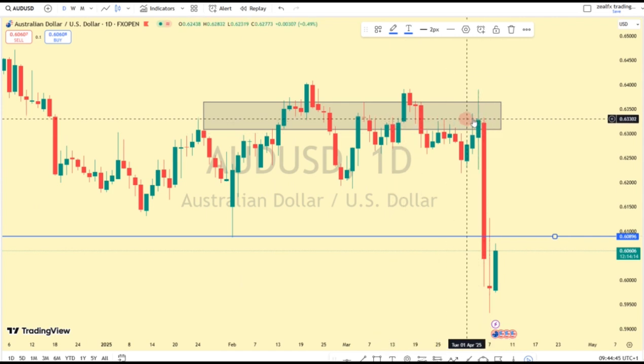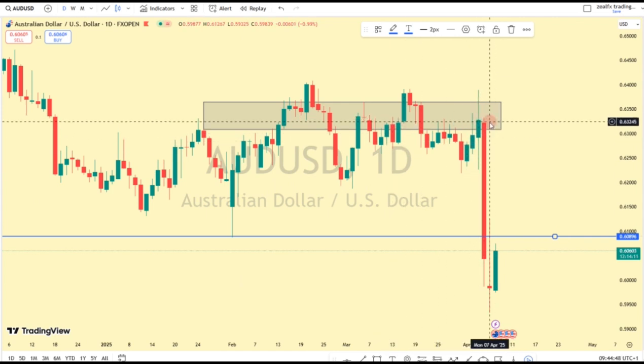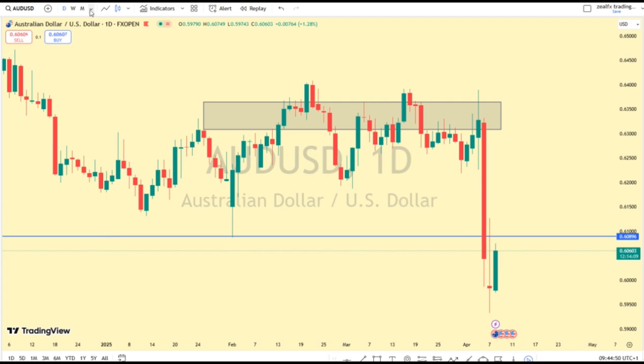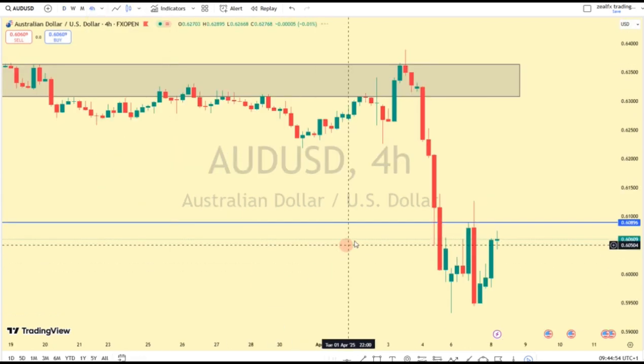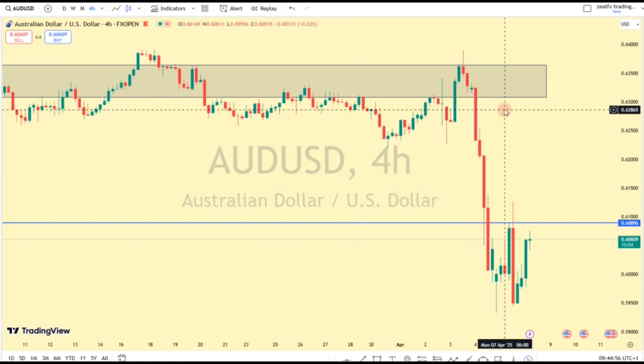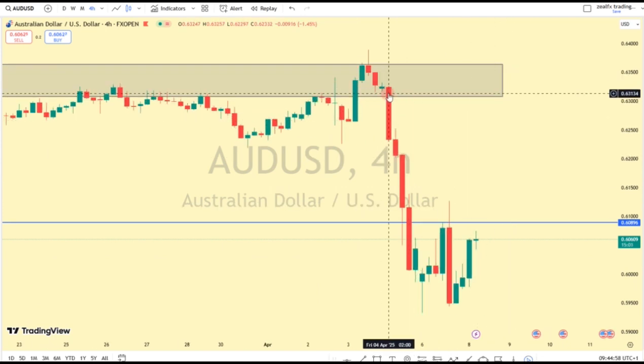After price closed on this resistance, I moved to my 4-hour chart. On the 4-hour chart, I found this inside bar setup.